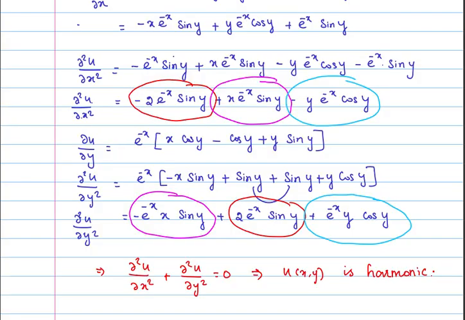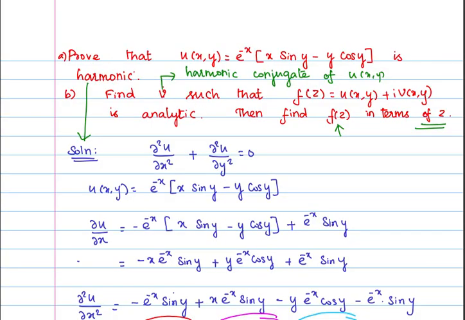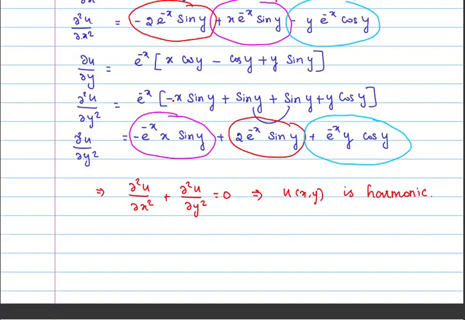This is the first part I have done. Second part, we have to find v. What is v? v is the harmonic conjugate. So I am going to use the CR equation. What is the CR equation? The Cauchy-Riemann equations are du by dx equal to dv by dy, and du by dy equal to minus dv by dx.